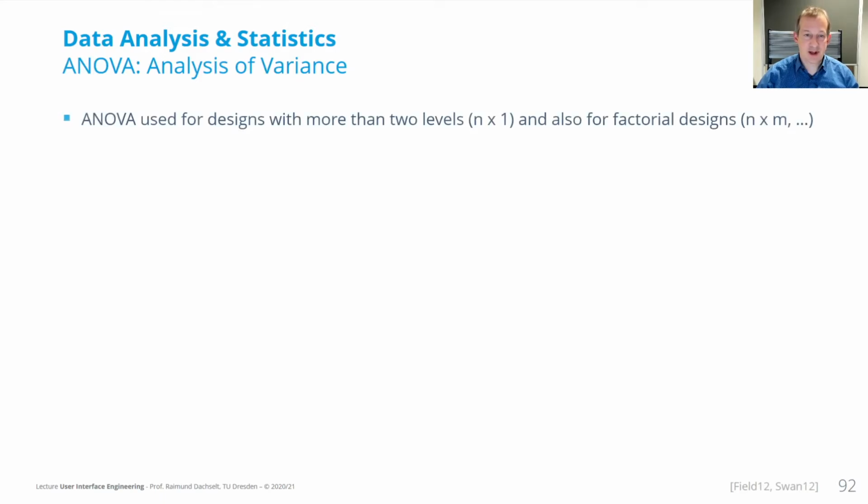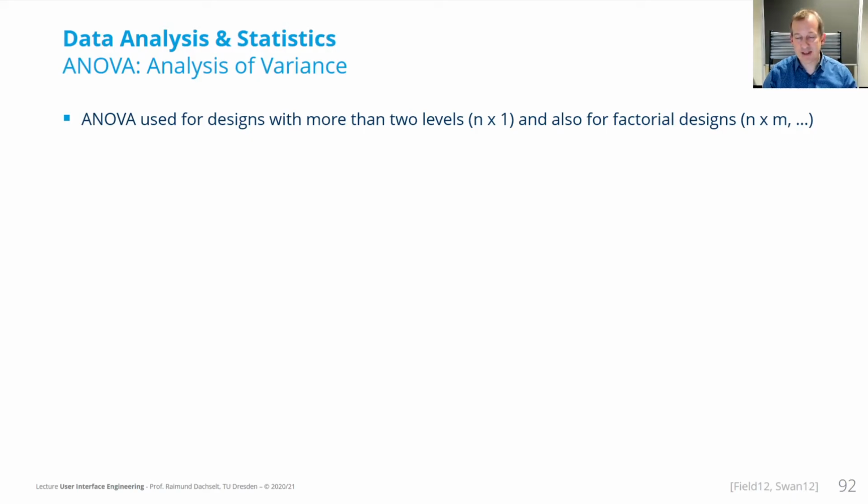ANOVA, the analysis of variance, can be considered to be a superset, or in other words, the t-tests are a possible subset of ANOVAs. ANOVAs can be used for designs with more than two levels and also for factorial designs. So assuming, for example, we have not just one, but two or even three independent variables you would like to vary.